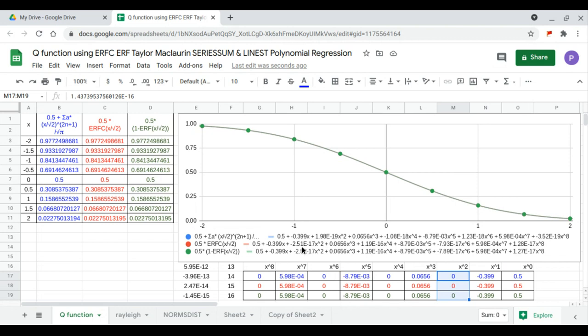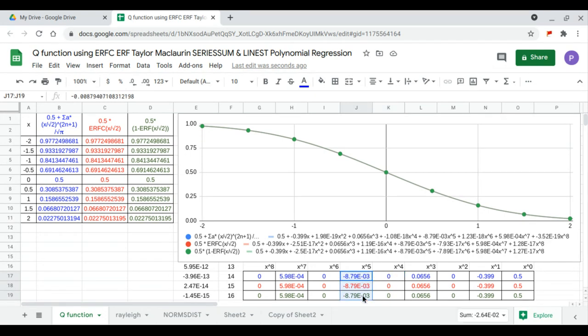And 2.51 times 10 to the minus 17 is 0 already. X cubed, 0.0656. X to the 4th is 0. 1.08 times 10 to the minus 18, that's very small, that's already 0. 1.19 times 10 to the minus 16, that's already 0.